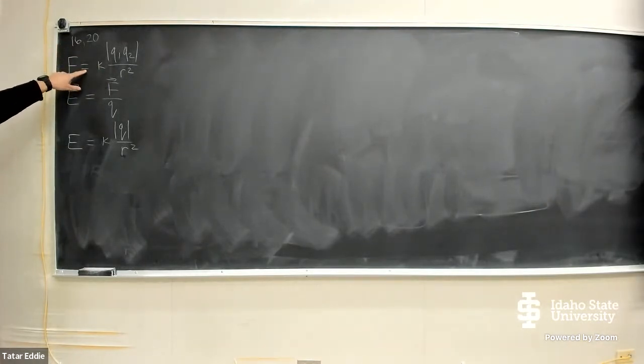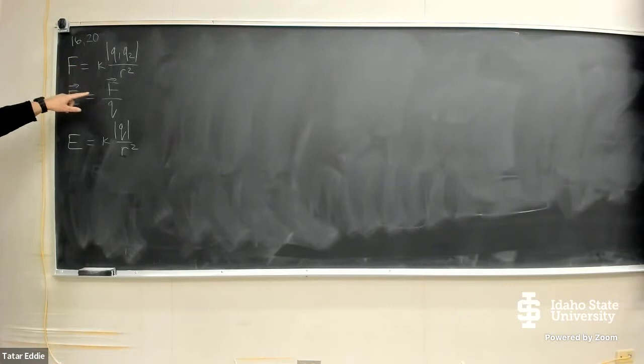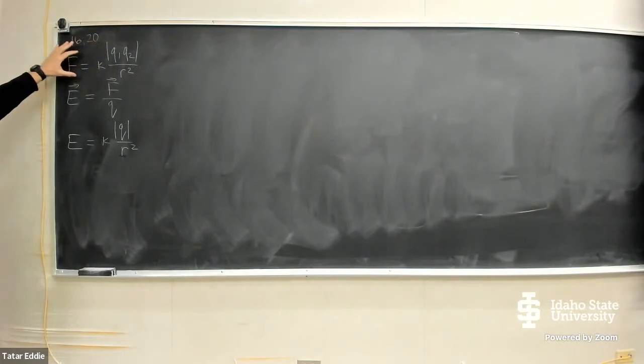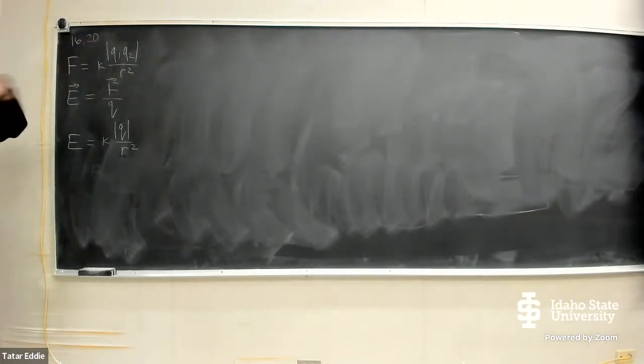The answer is yes. But notice that here the force is a vector, while here it is in magnitude. So this means that this first formula doesn't give you everything about the force. It just gives you the magnitude of the force, and the direction we describe with words: attractive, repulsive force.